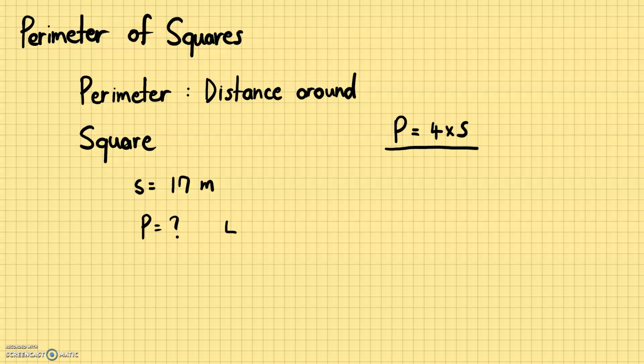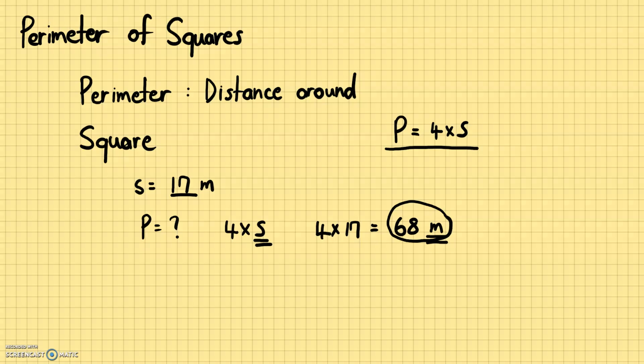So perimeter equals 4 times s, but s is 17, right? So you can just do 4 times 17. And that is going to be 68 meters. Don't forget the unit when you're doing perimeters or any calculations that involve measurement. So that's going to be your answer here.